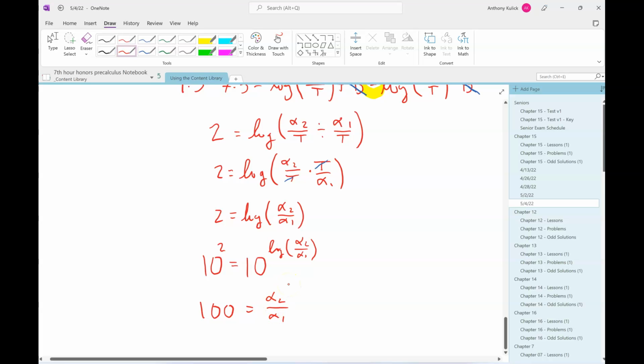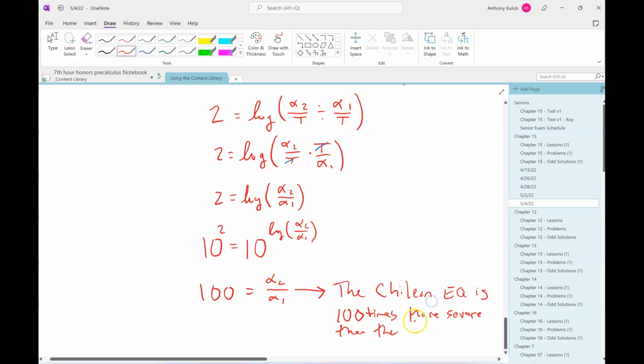So we're left with 100 equals alpha 1 over alpha 2. What is that telling us then? The alpha 2, which is representing the Chilean earthquake, is 100 times more severe than the San Francisco earthquake.